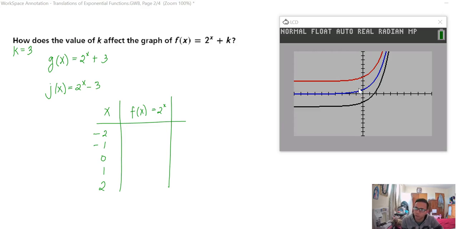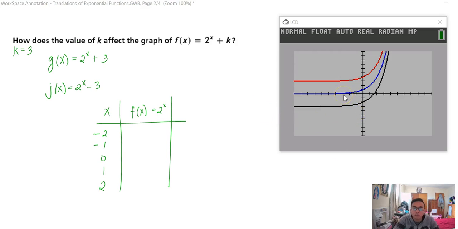If k is positive, the graph is moved up. All right. While f of x is equal to 2 raised to x plus k is a vertical translation of the graph of f of x is equal to 2 raised to x. If k is negative, then it moves down.